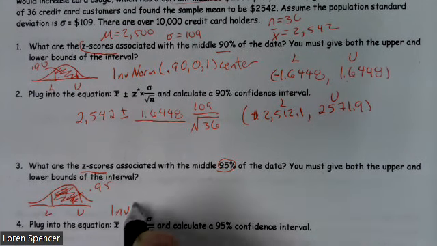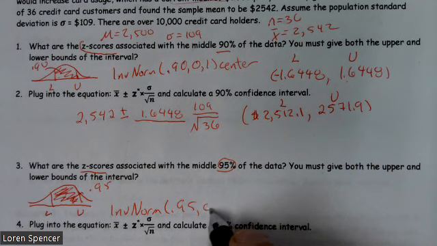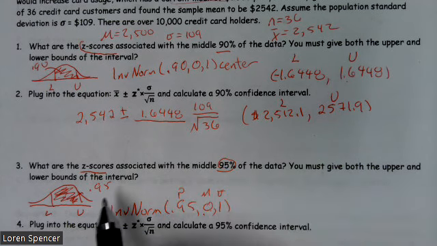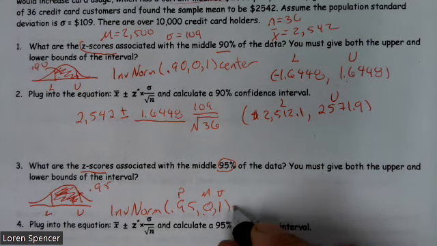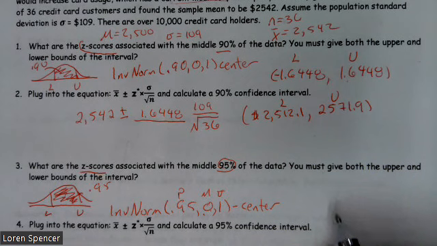So inverse norm 0.95, mean is 0, standard deviation of 1. Remember, the reason it's a mean of 0 and a standard deviation of 1 is because we are working with a z-score, and all z-scores for the normal are that way.